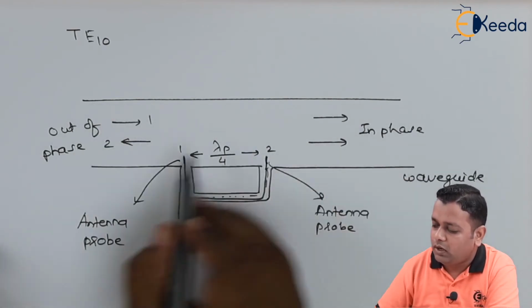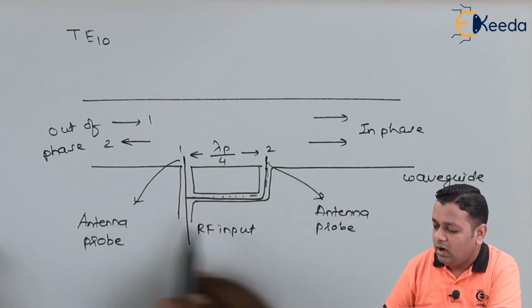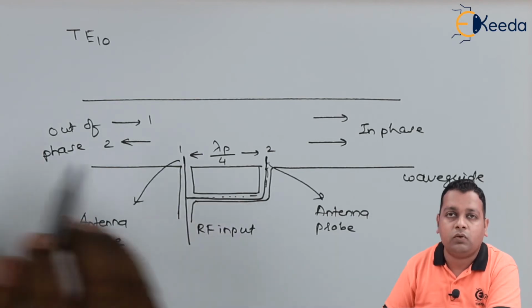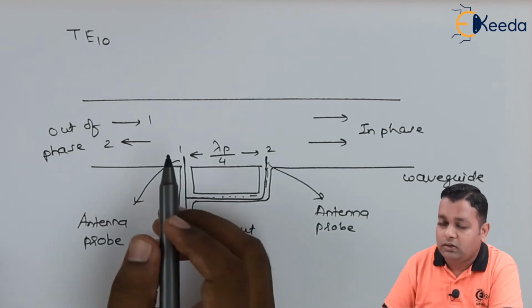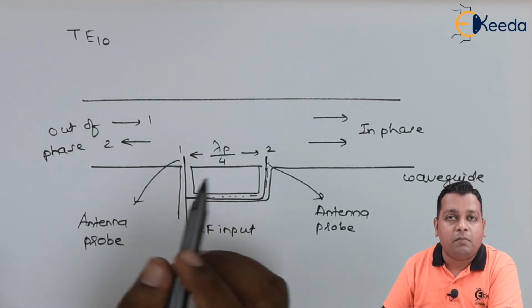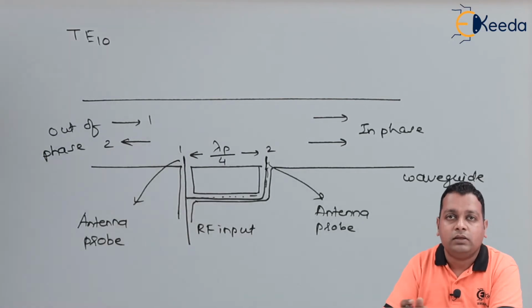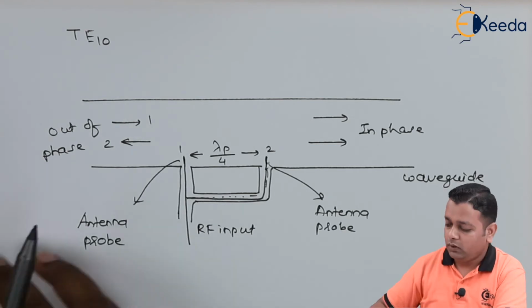This is the top wall and this is the bottom wall that has the insertion of the antenna probes. Also we can have the insertion of a coaxial loop coupling device, so that the intensities of the magnetic lines having circular orientation can be determined for particular strength values.